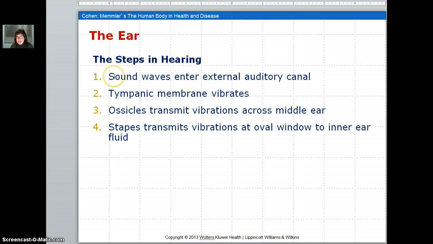Okay, so when we look at sound, sound starts from the external auditory canal. The tympanic membrane or the eardrum vibrates. The ossicles will transmit the vibrations across the middle ear, magnifying. The stapes will then vibrate the oval window, and it'll cause the inner ear to vibrate.